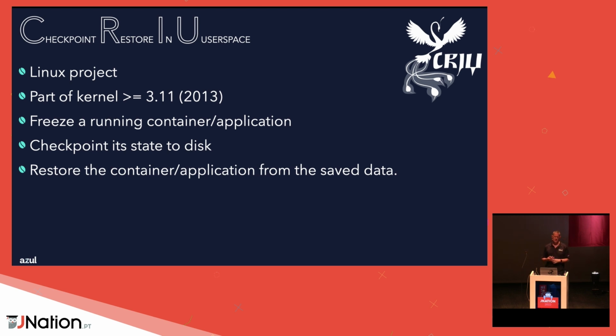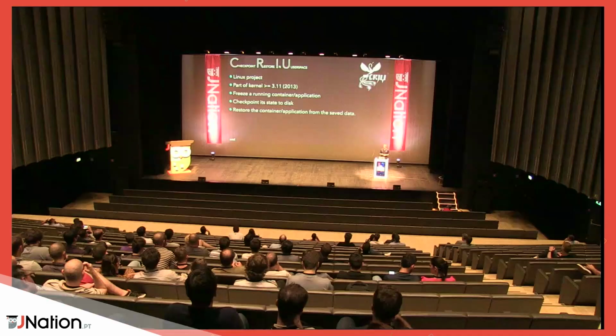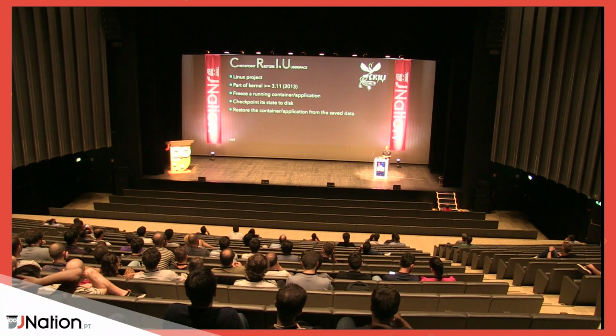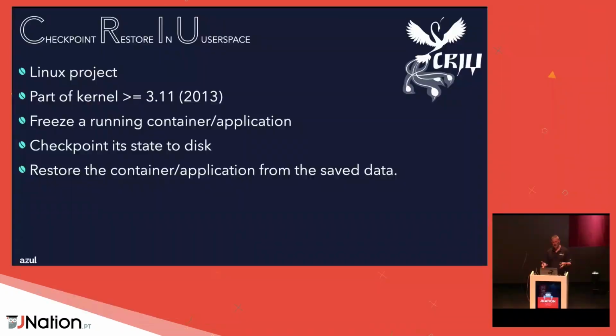So who knows what checkpoint restore is in the audience? Let me give you a very simple explanation. I think most of you have a laptop, and once you work the day, and then in the evening, you just stop working and just close the lid, right? And then what happens is the operating system detects that you close the lid, it will save all the state onto the disk, including your applications that are open.